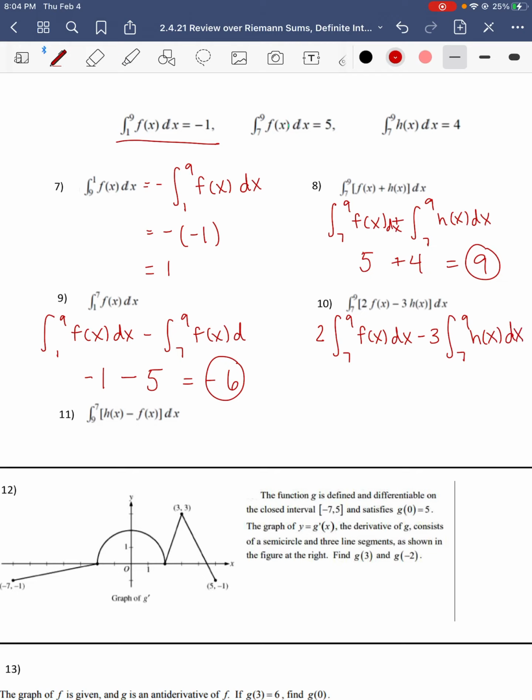Then we just have to simplify these by plugging in what we know. So the integral from 7 to 9 of f of x is 5. The integral of h of x is 4. So then that's 10 minus 12, which means negative 2 is our answer.